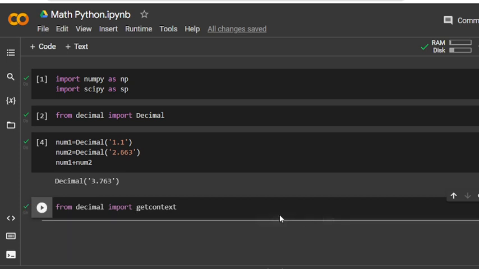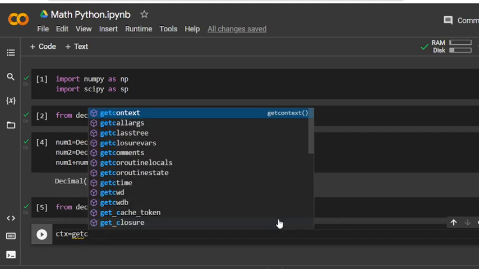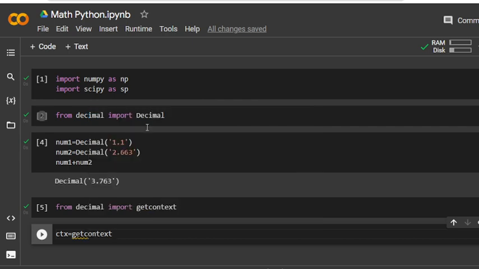Now I would like to write a variable, ctx, equal to getcontext, with parentheses this way.